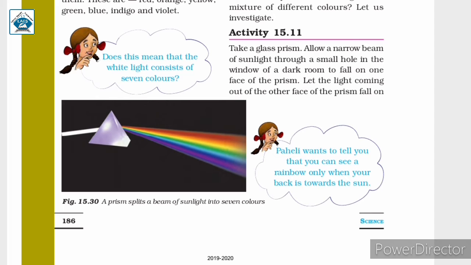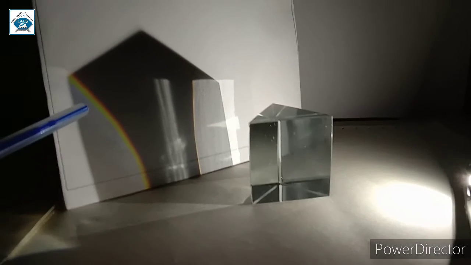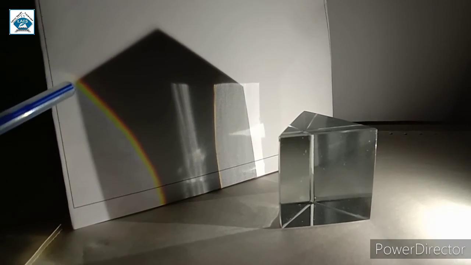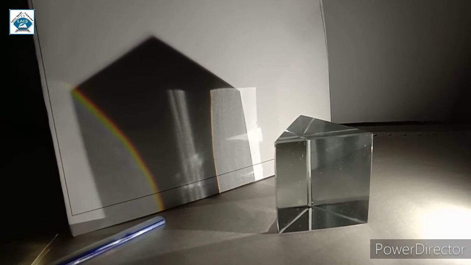First of all, you need to take a glass prism and pass a narrow beam of sunlight through the prism. The light that is coming out from the other face of the prism must fall on a white sheet of paper, or you can make it fall on a white wall. When you do so, you can observe that a band of 7 colors is seen on the white sheet of paper.